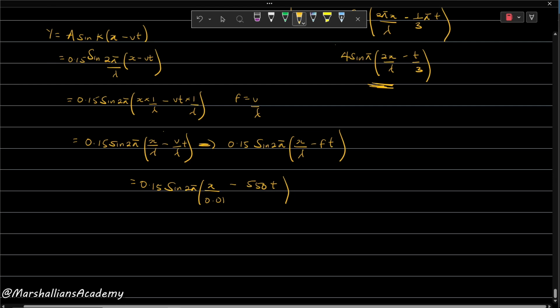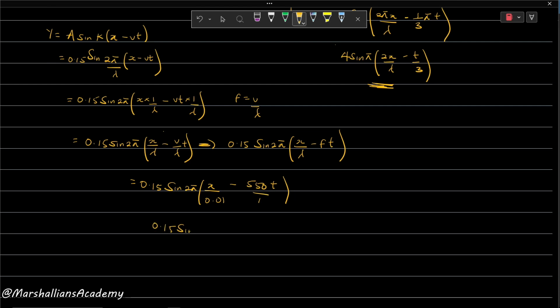Now, what's the LCM of this and 1? The LCM is going to be 0.15 sine 2 pi. Watch this. Into the LCM of this, which is 0.01. 0.01 divided by 0.01 is 1 times x is x. 0.01 divided by 1 is 0.01 times 550 gives us 5.5 t. Are we together?